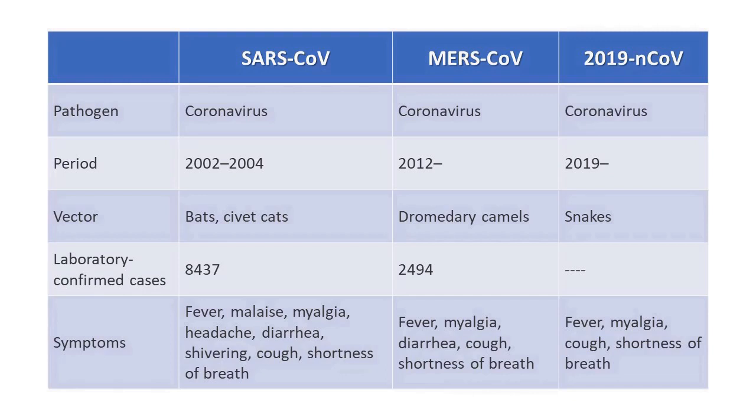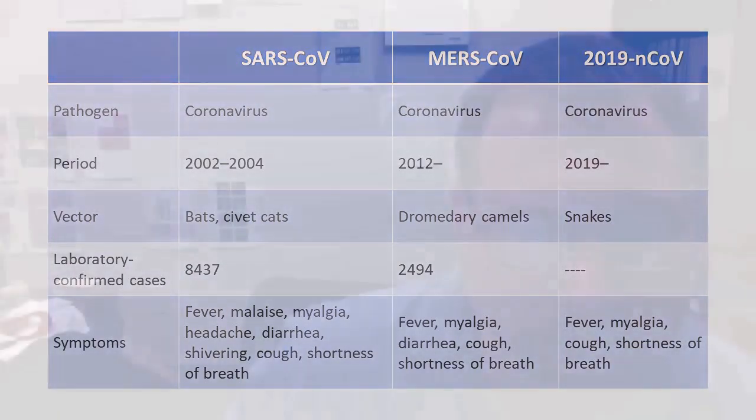So then a few years later, an even less easily transmittable coronavirus disease arose in the Middle East, and that was called MERS. Middle East Respiratory Syndrome was the name of the disease and the virus, and that was linked to camels. And again, it really didn't transmit very well from person to person, and it was largely restricted to the Middle East, where there could be direct camel to human transmission, and that killed about 900 people.